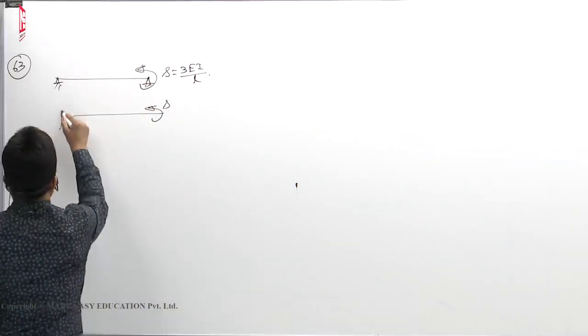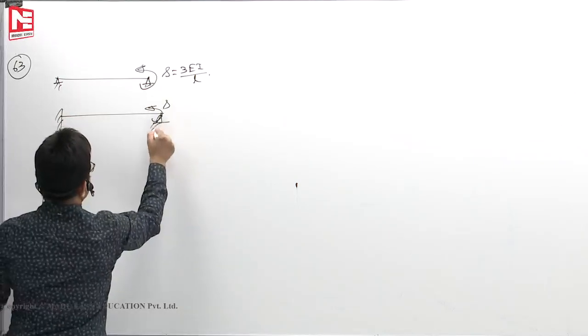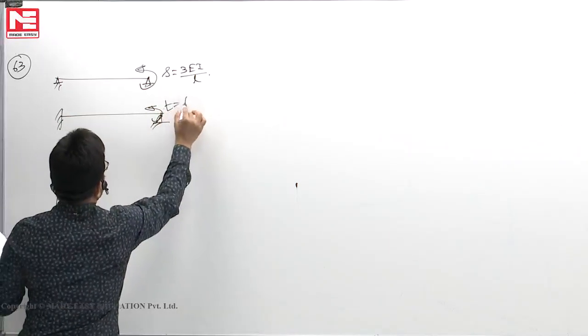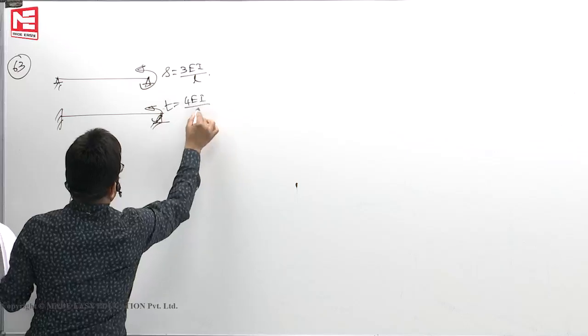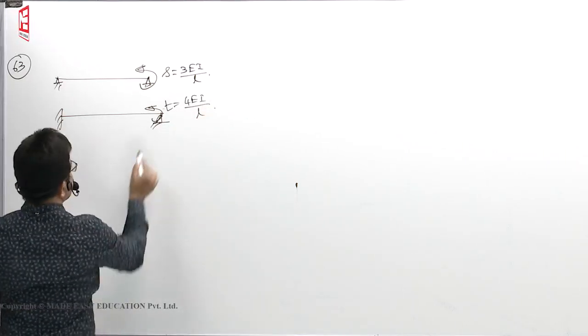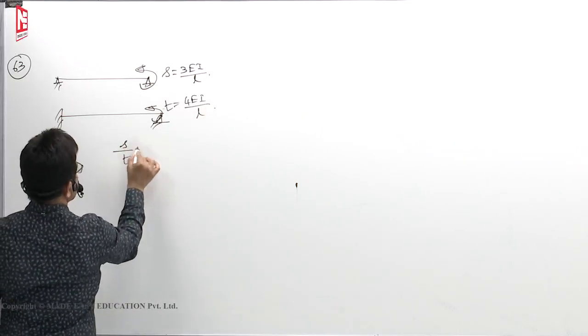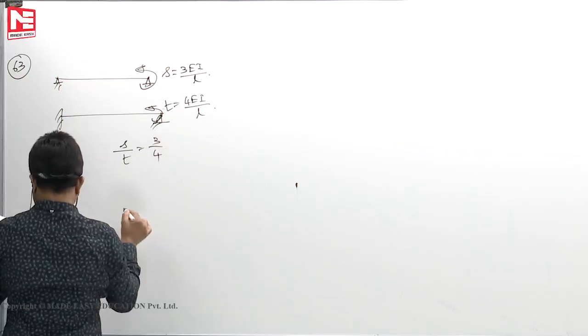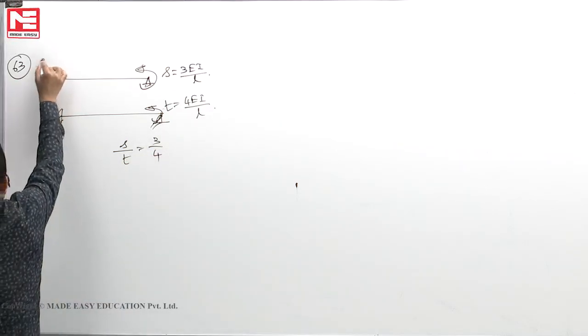Far end fixed means we know it is 4EI by L. S by T is asked, so 3 by 4. So 63rd, B.